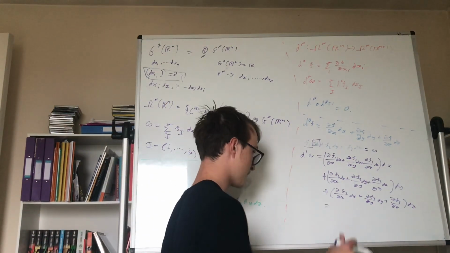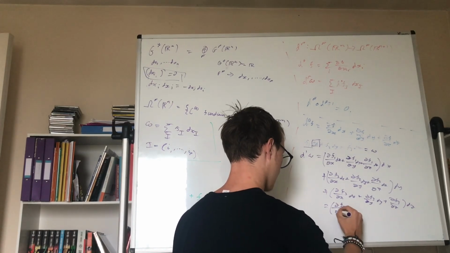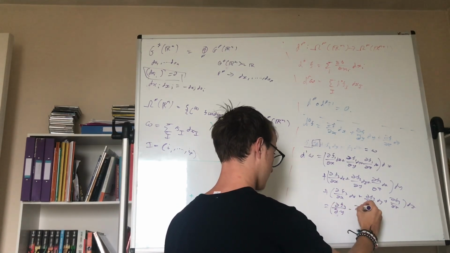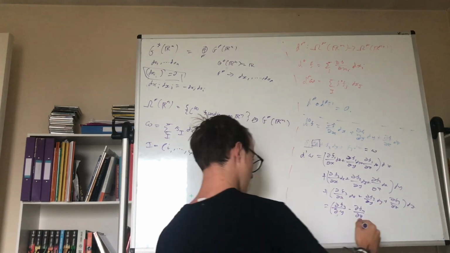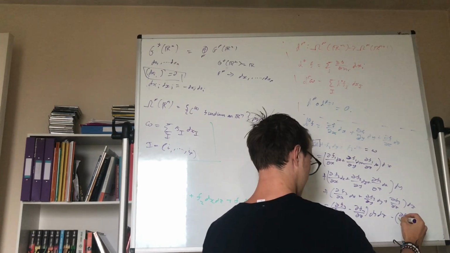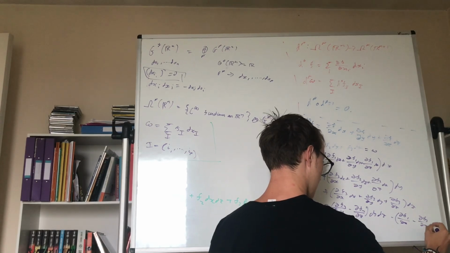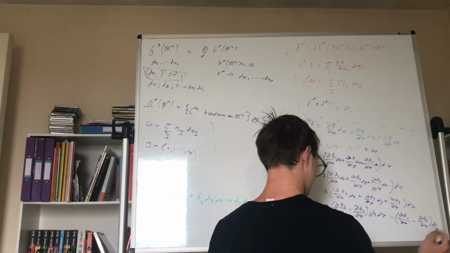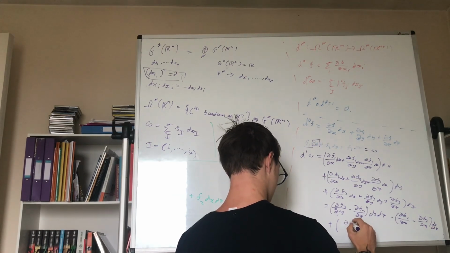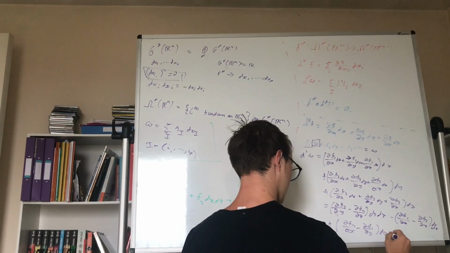And so if we keep this in mind, once we expand everything, what we end up getting is the partial derivative of f3 with respect to y minus the partial derivative of f2 with respect to z, dy dz, minus the partial derivative of f1 with respect to z, minus the partial derivative of f3 with respect to x, dx dz, plus the partial derivative of f2 with respect to x minus the partial derivative of f1 with respect to y, dx dy.